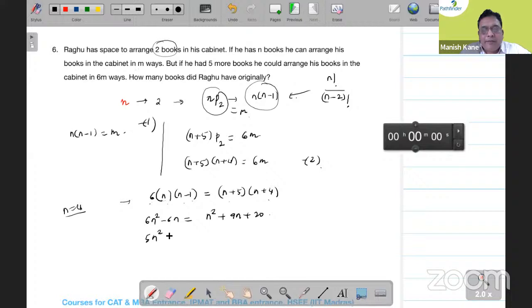So you get 5n square minus 15n minus 20 is equal to 0. So that is n square minus 3n minus 4 is equal to 0. That is n minus 4 into n plus 1 is equal to 0. n can't be negative, so n has to be equal to 4. So the correct answer to this question must be 4.